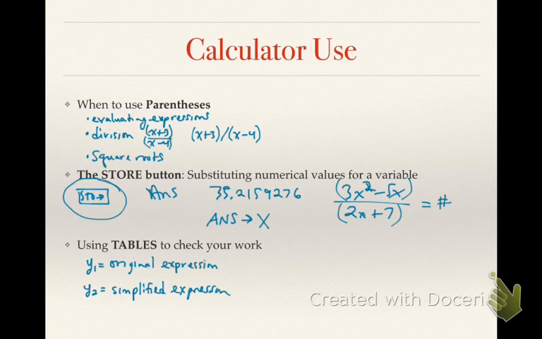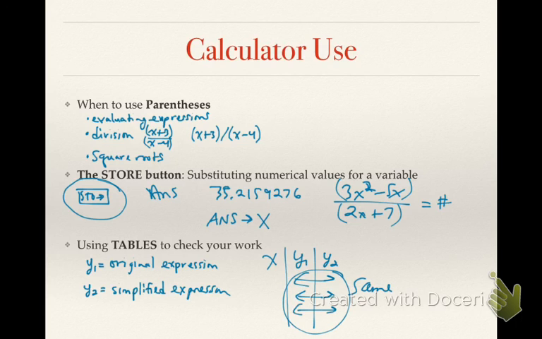Now if you hit second graph, or get the table of values, if you get the exact same values in both the y1 column and the y2 column, if these are the same across, then you know that you simplified your expression correctly. You can say with a certain degree of certainty that you are correct. Now these techniques are essentially useful in your calculator to help check your work, and make sure you're plugging things in correctly.